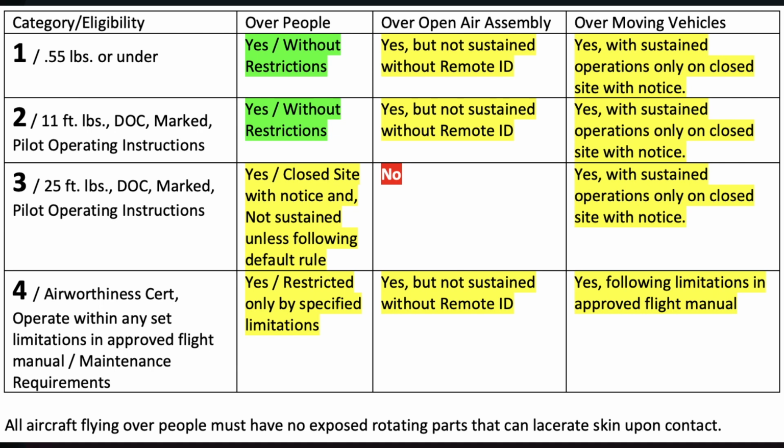So you can fly over them, but you have to have a remote ID if you're going to fly over an open air assembly, and if you're going to be over them with a sustained flight. And over moving vehicles, yes, following the limitations in the approved manual. And again, this goes back to a manual that they would provide you from the manufacturer.